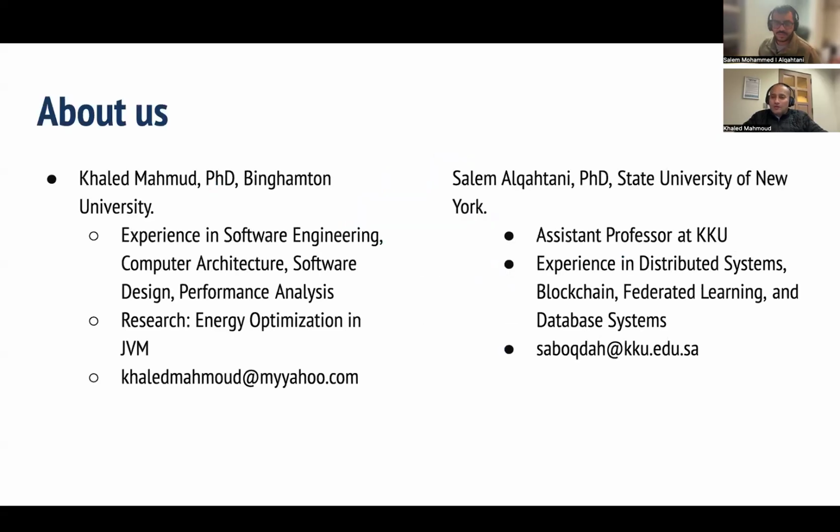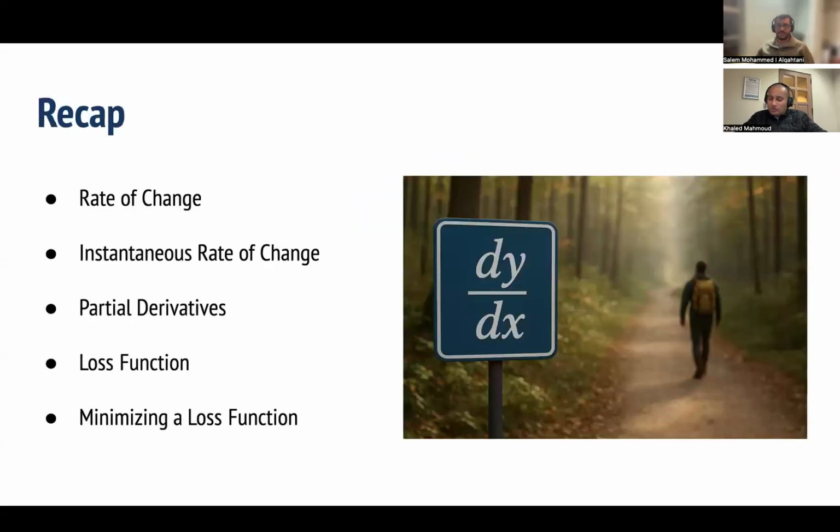Thank you, Dr. Salem, for the nice introduction. Let's get started. We will do a recap of what we have covered in the previous two lectures. We've covered that the rate of change is one of the most important and critical concepts in machine learning.